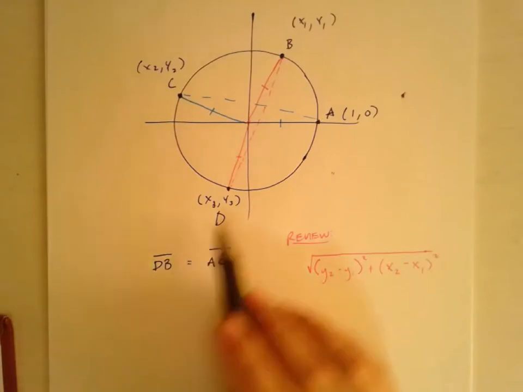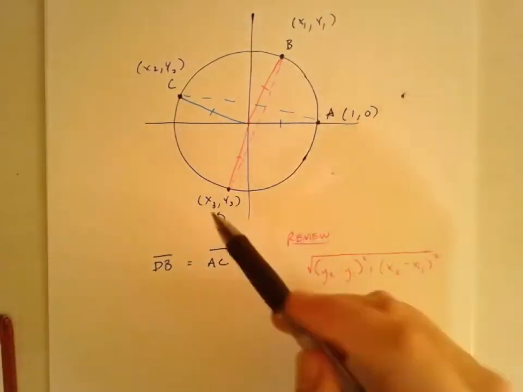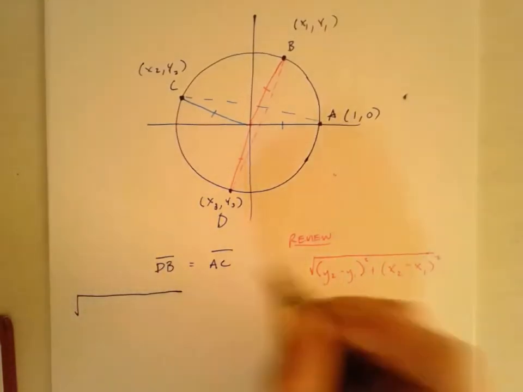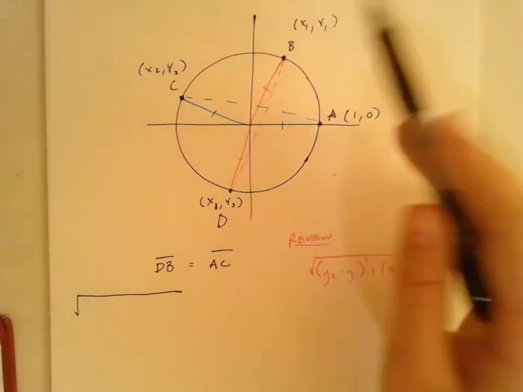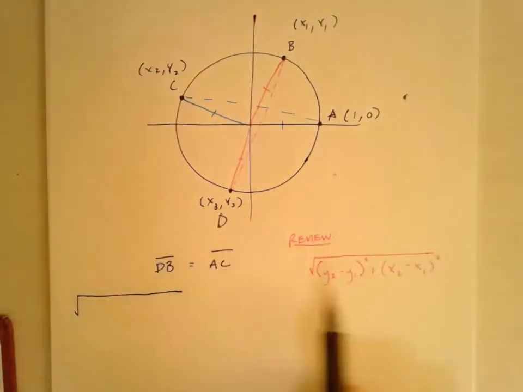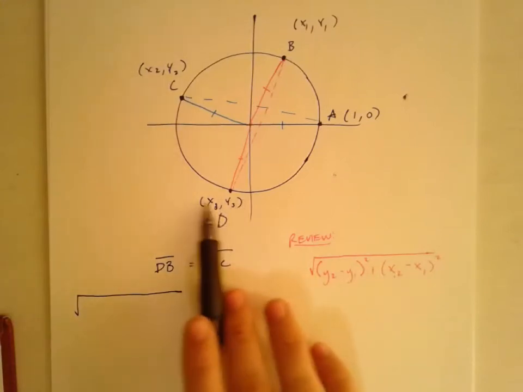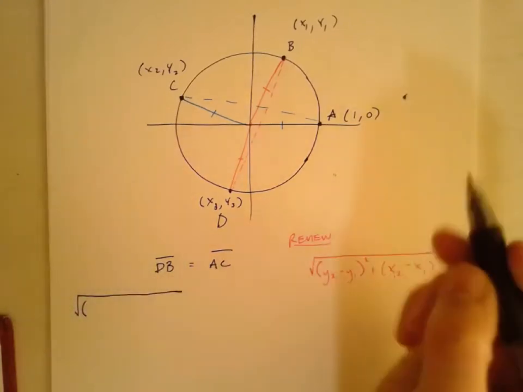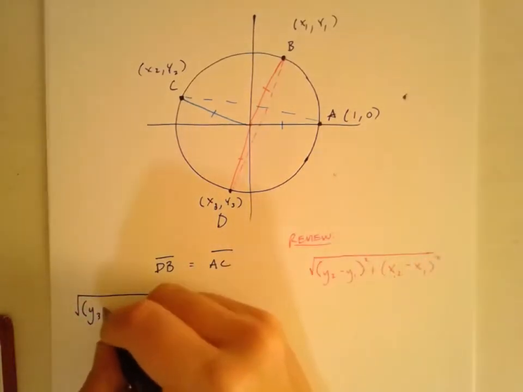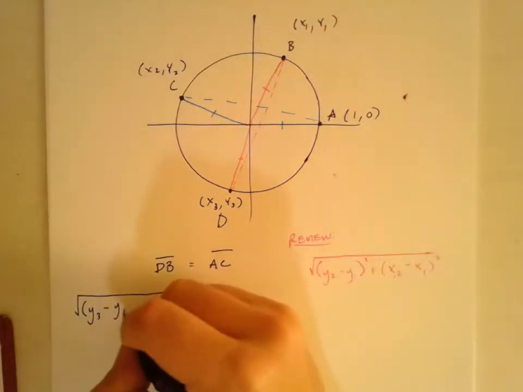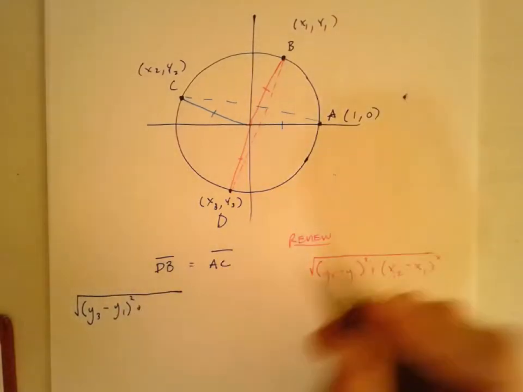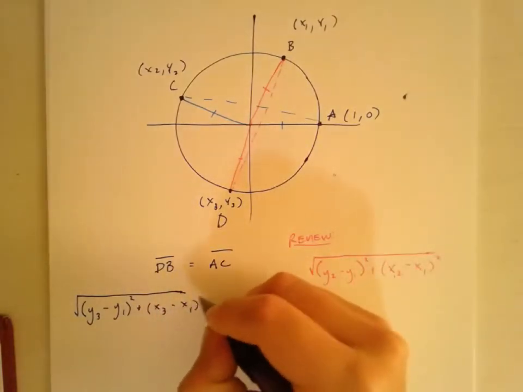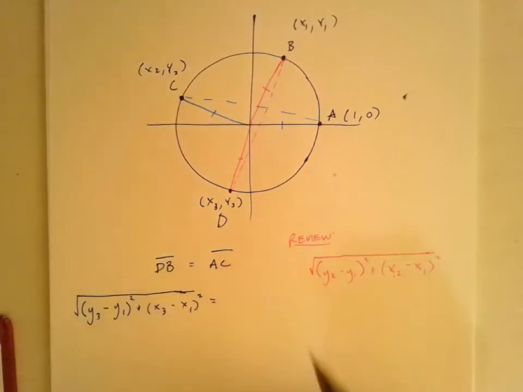And so for DB, my x sub 1 is x sub 1, my y1 is y1, but instead of writing my y2 and x2, I'm going to write that with the 3. I'm going to use that as my second coordinate. So the first thing I'm going to write is y sub 3 minus y sub 1 squared plus x sub 3 minus x sub 1 squared. And that represents DB.